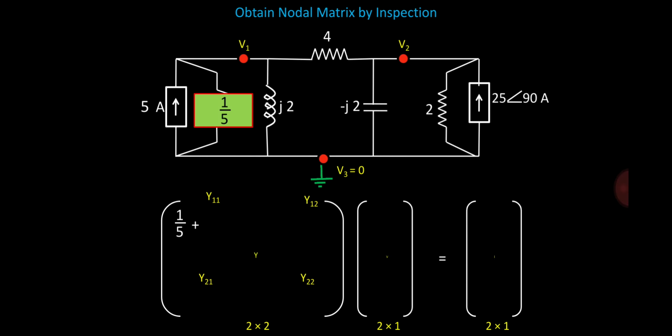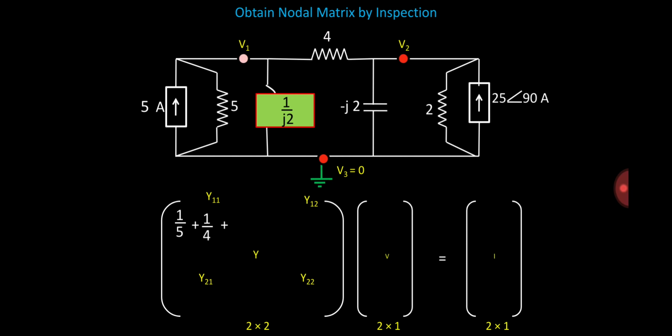Then plus 1/4, that is the admittance of 4 ohm. Next we have j2, and its admittance is 1/j2, so plus 1/j2. So the first entry y11 has been filled, that is the positive summation of all the admittances connected to node number 1.